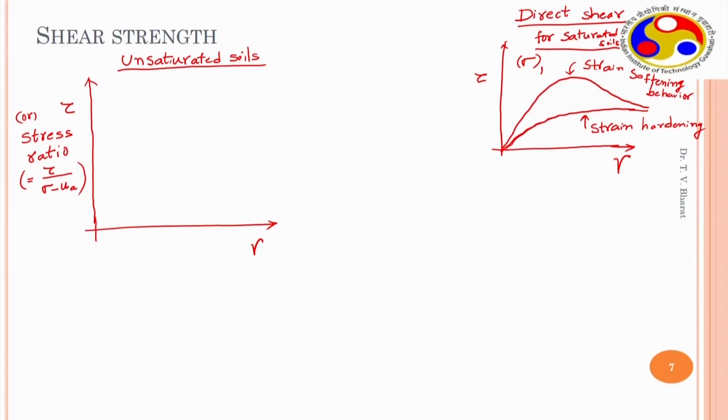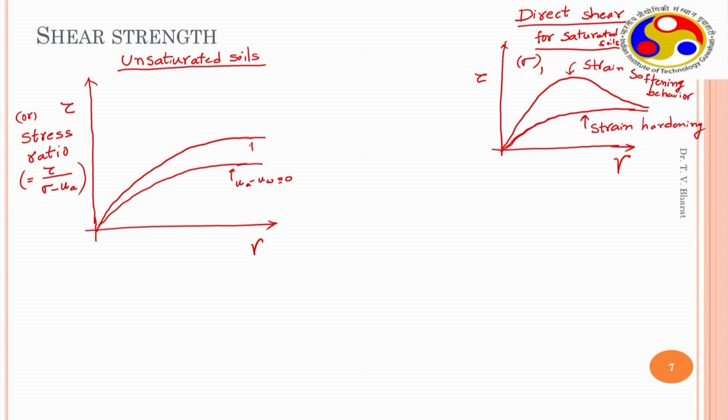It is observed that for nearly saturated soils, this is the behavior for NC soils. So, this is for suction UA minus UW equals 0. So, this is for saturated soils. As you increase the suction, it is observed that it increases in this particular manner.